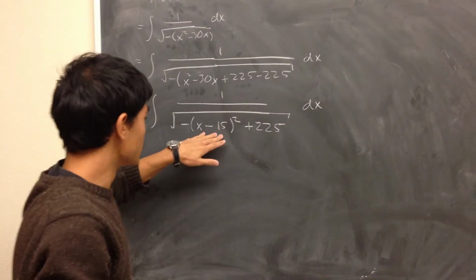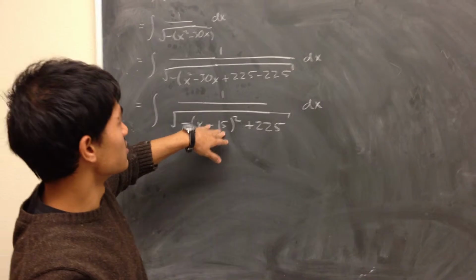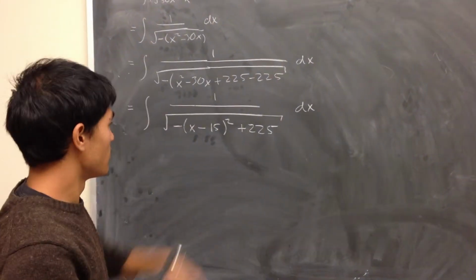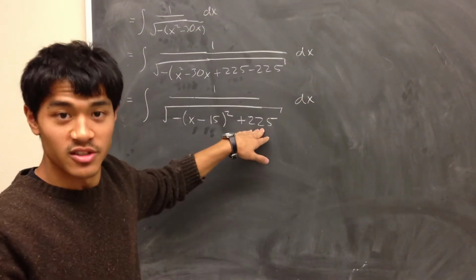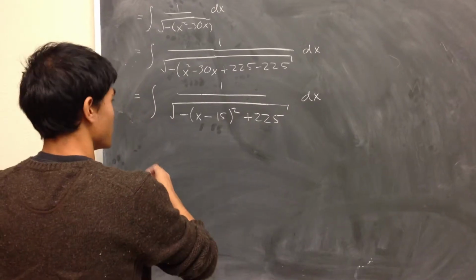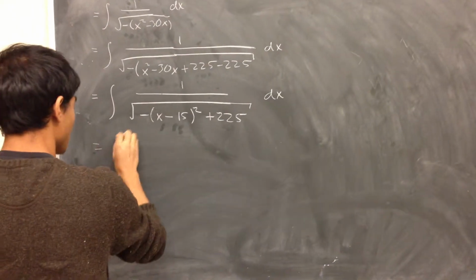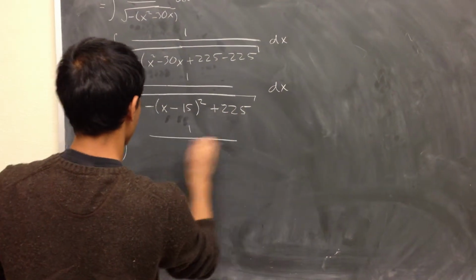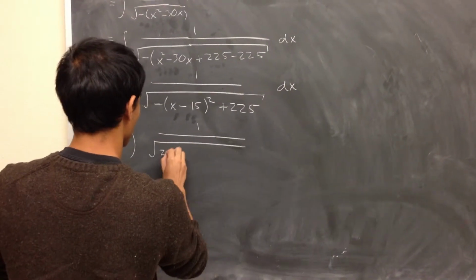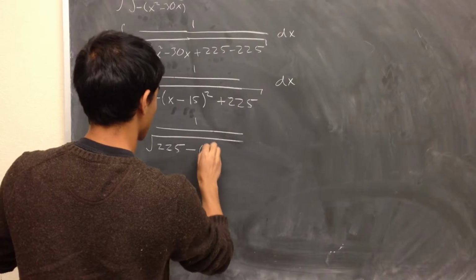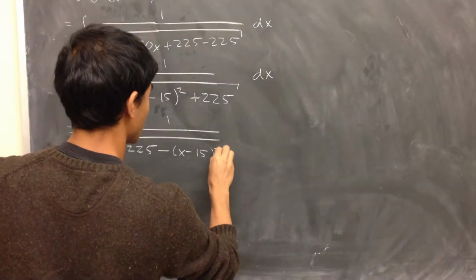Now this is written in this form, where 225 is just 15 squared. So now we're in good shape. I'll rewrite this so it's very obvious. That's in that form. So we get the square root of 225 minus x minus 15 squared dx.